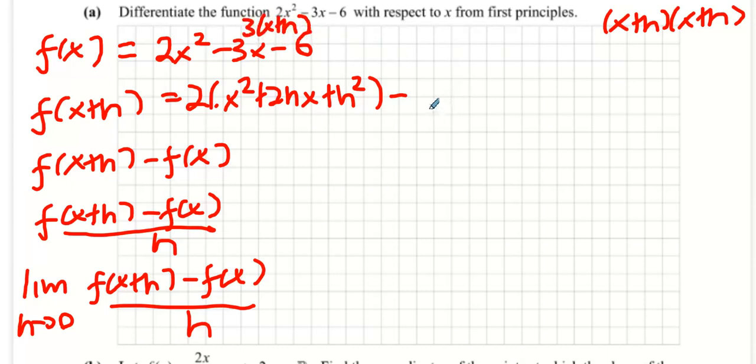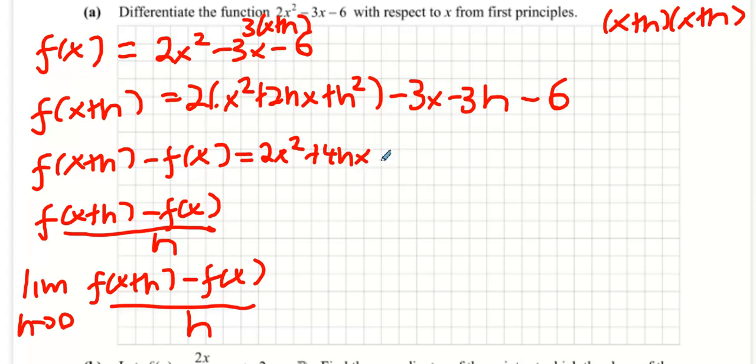So what's that? Minus 3x minus 3h. And then minus 6. Now, bring it over, it's going to be 2x squared, 4hx plus 2h squared, minus 3x minus 3h minus 6.